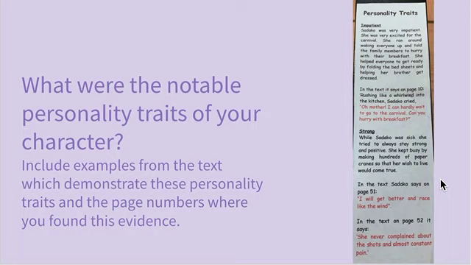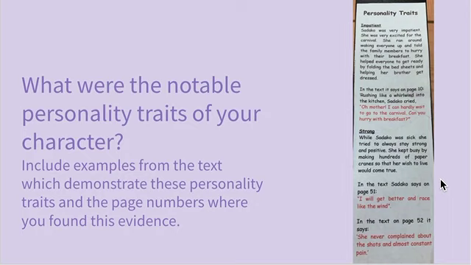I'll read that one to you. While Sadako was sick, she tried to always stay strong and positive. She kept busy by making hundreds of paper cranes so that her wish to live would come true. In the text, Sadako says on page 51, "I will get better and race like the wind."